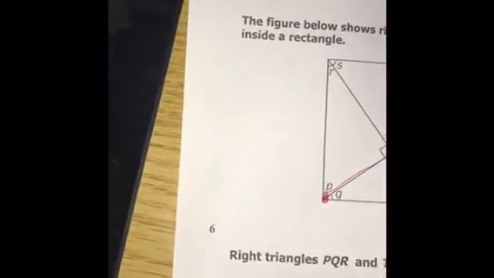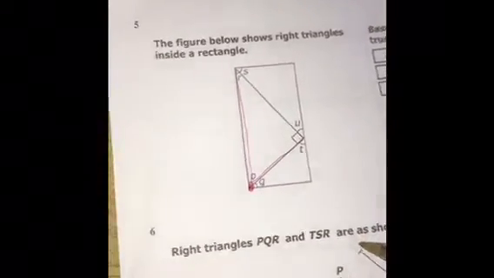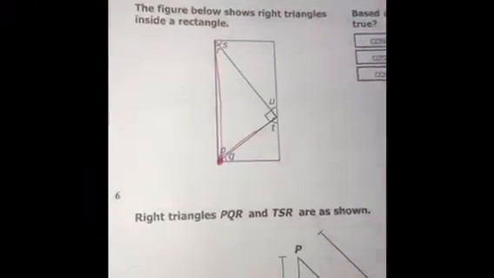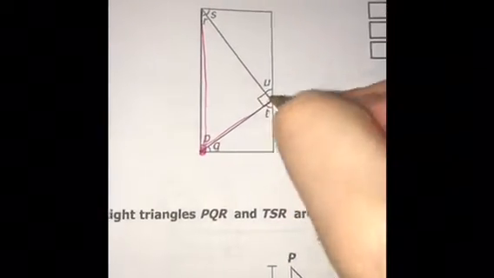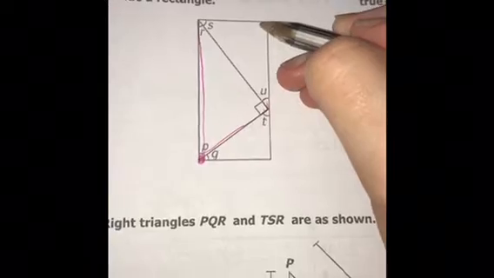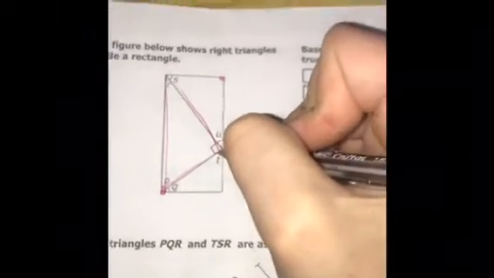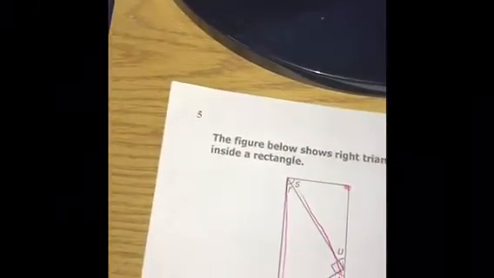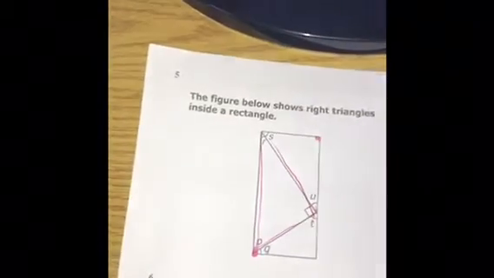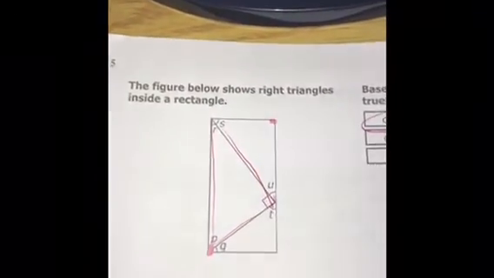So this and this is equal to sine of U. And sine is opposite over hypotenuse. So U, we have U right here. We have the opposite over the hypotenuse. And we see that that is correct.